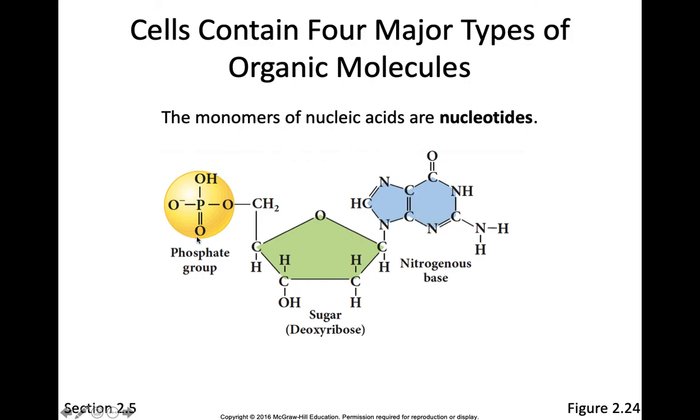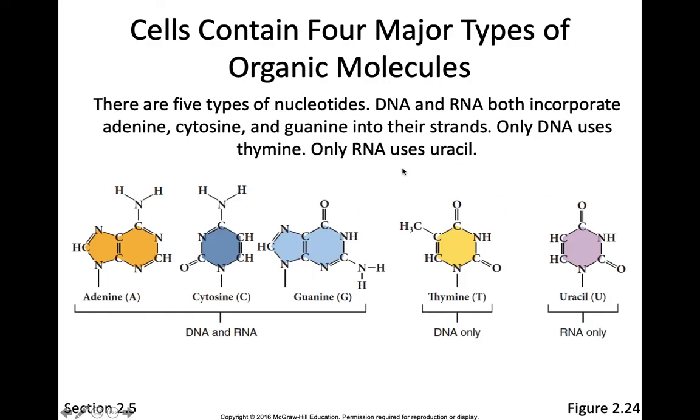Now, this will not change. These two other things can change. If it's DNA, it will always have these two. If it's RNA, it will always have this one and ribose, not deoxyribose. So DNA will always have these two things. RNA will have this one and ribose, not deoxyribose. But this one over here can change all the time. This one's not set between the DNA and RNA. This one can change.